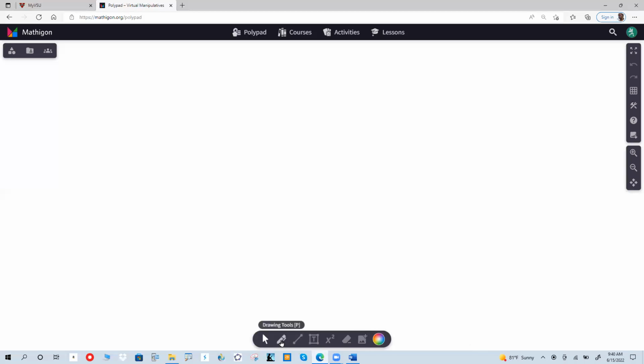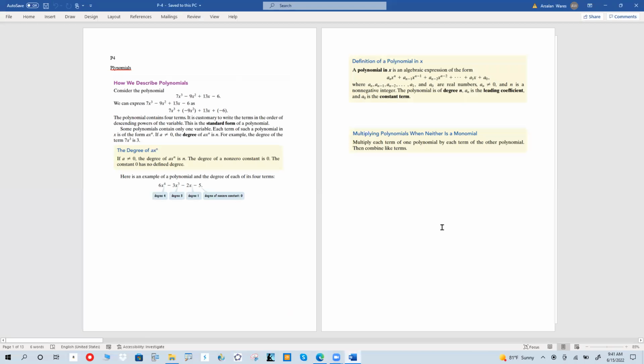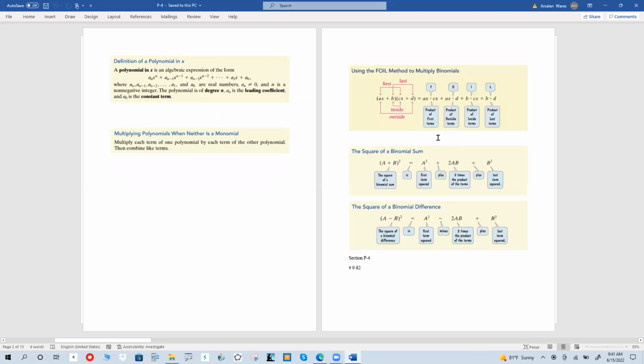So guys, last class, we talked about FOIL. And we're going to look at FOIL in a very specific context, okay? Let me show you what I'm talking about. This is P4, and you don't have to worry about it too much right now.